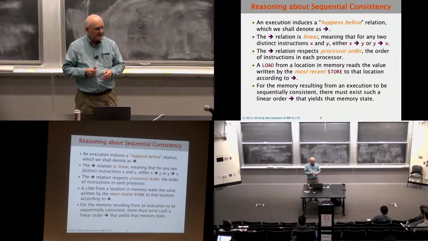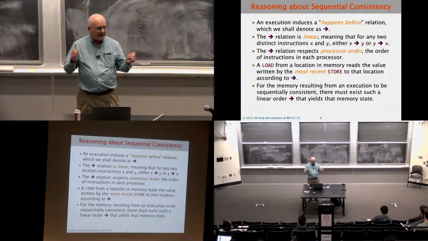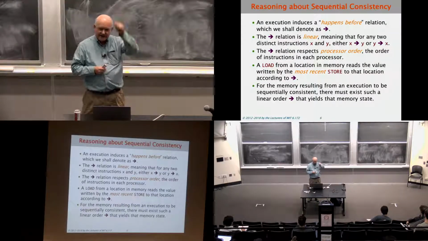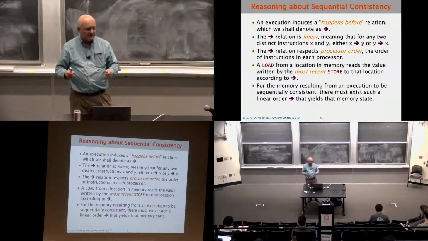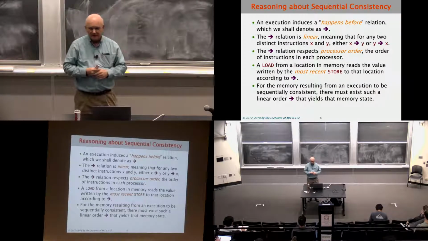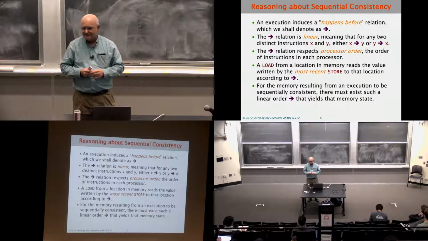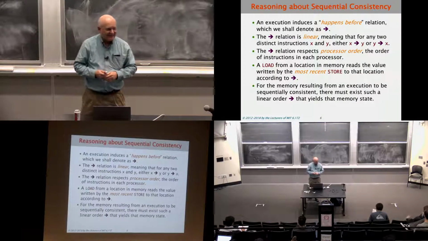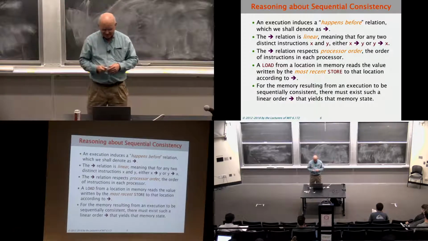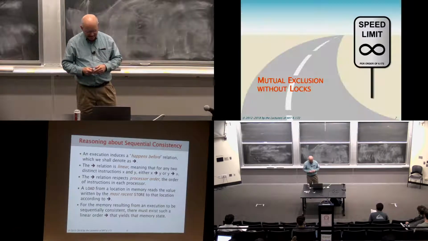With sequential consistency, you just have to understand what are all the possible interleavings. So if you have n instructions here and m instructions there, you only have to worry about n times m possible interleavings. Actually, is it n times m? No, you've got more than that. Okay, sorry. I used to have good math.